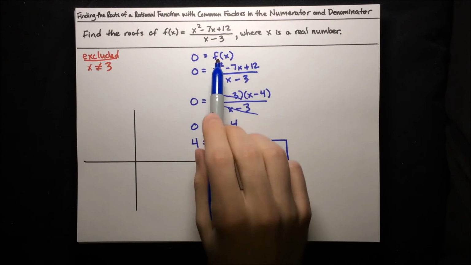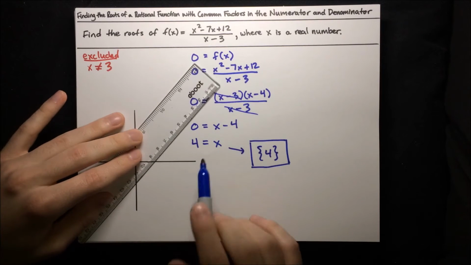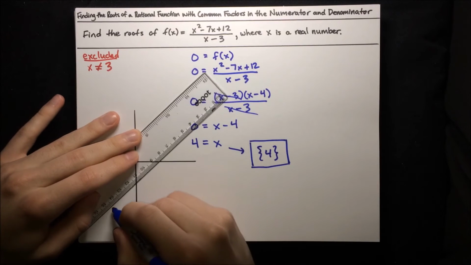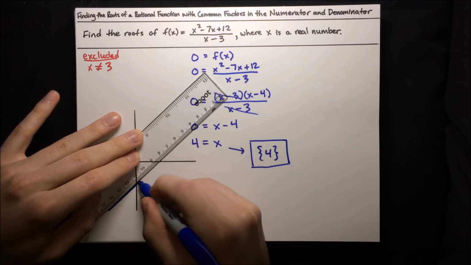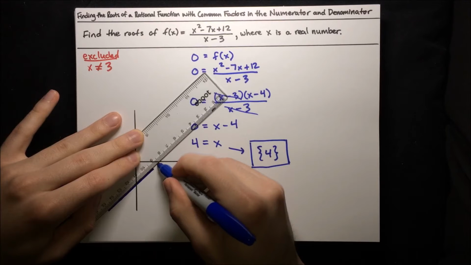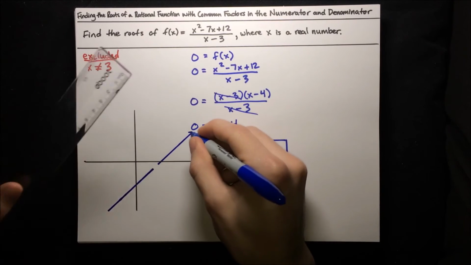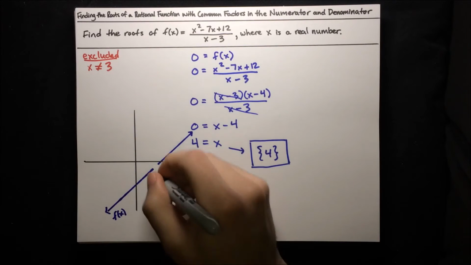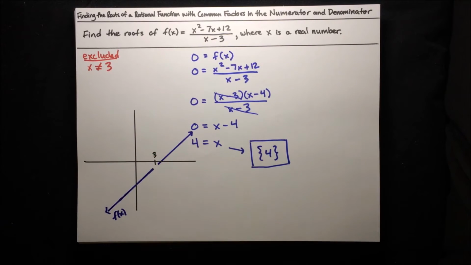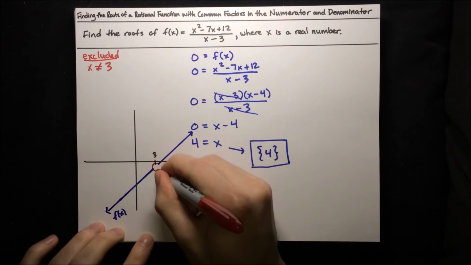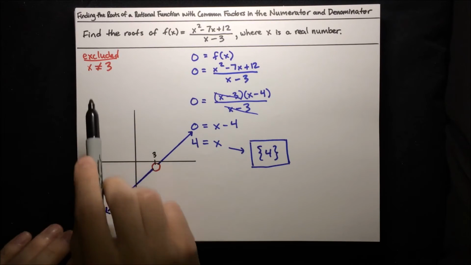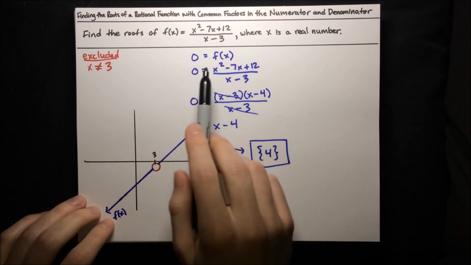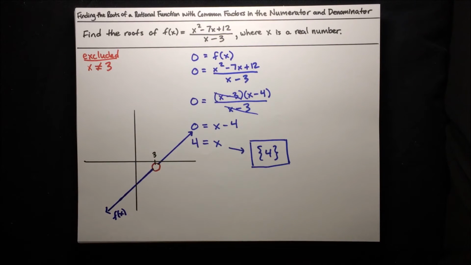So that means that f looks like the line f equals x minus 4. Let's draw that. It looks something like this. But at the value x equals 3, there is a hole in the graph. So that's why we would need to remove the value of 3 from any solutions we get, because 3 is just not even in the domain of f.